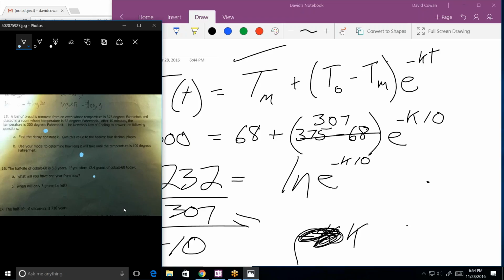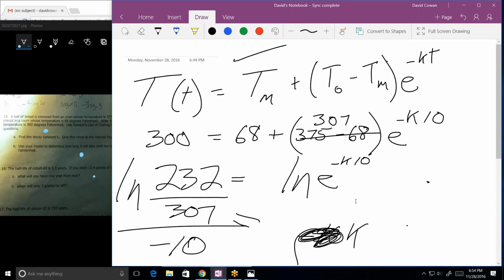Okay. And now we can answer B because we've solved for K. Why don't you come up with a K, and we'll finish this problem in about 6 minutes. 0.0280. So K is 0.0, what again?